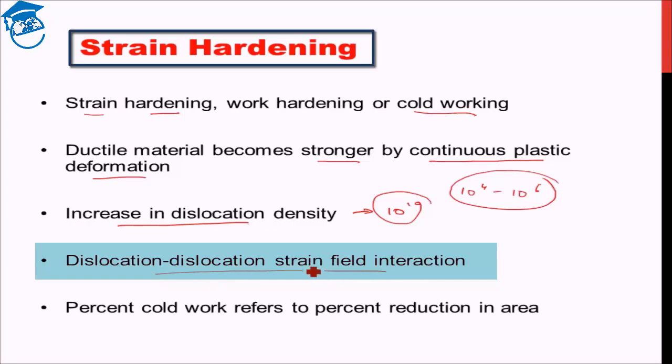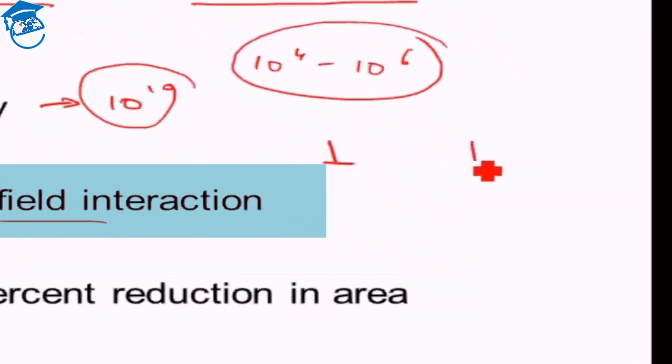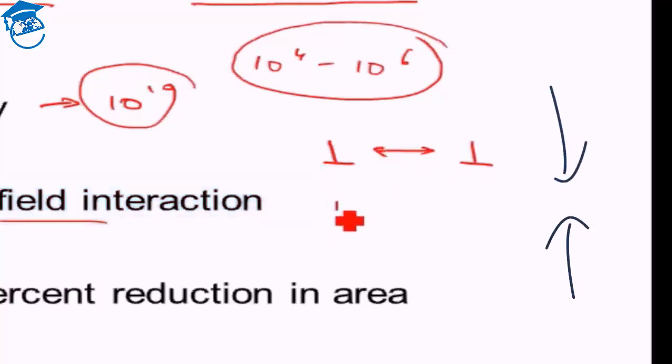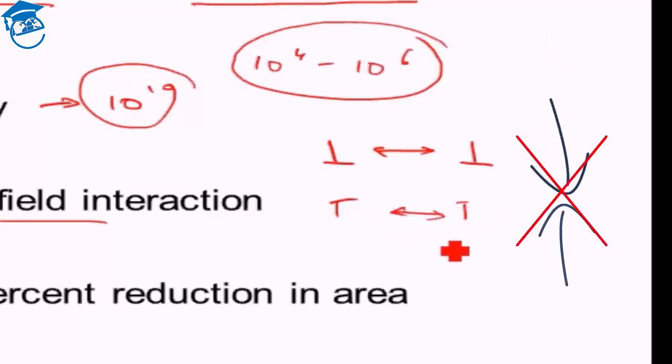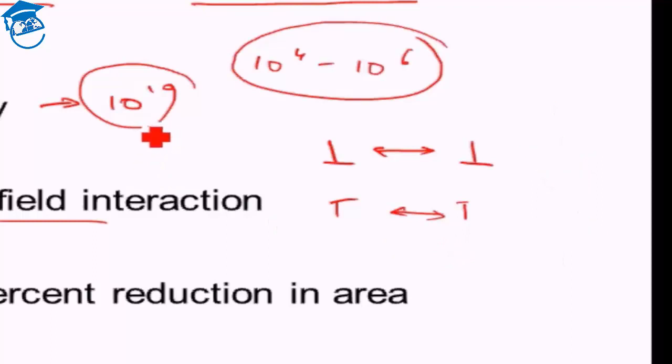The idea was that two dislocations of the same sign will repel each other, and two dislocations of opposite sign will attract and cancel. But since the dislocation density is much higher, there is a lot of chance that opposite dislocations will interact, right? So this is the basic idea or basic physics behind strain hardening.